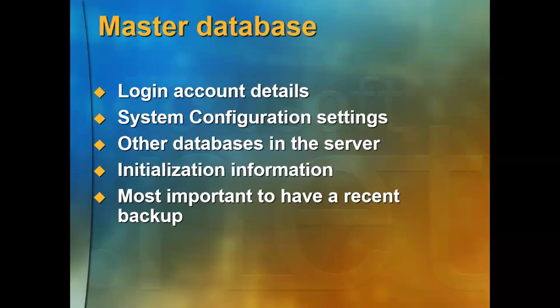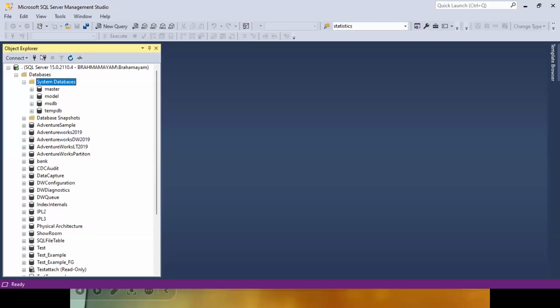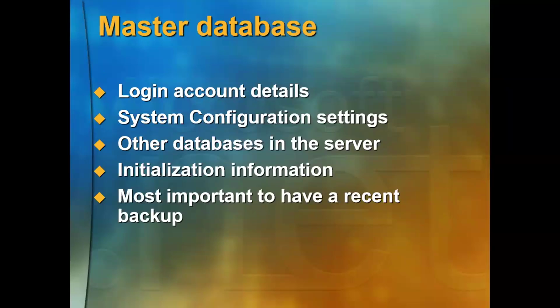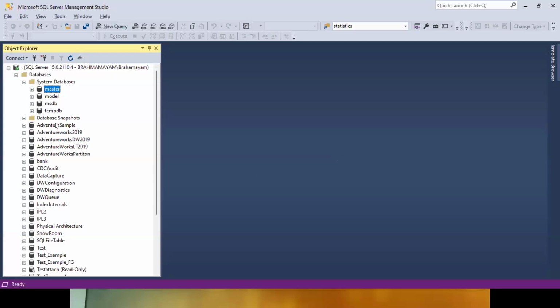The first system database that you see is the master database. The master database is used to store the login account details and the SQL Server system configuration, like who are the users who can access, and whether the server will run on one processor or multiple processors. Then the other databases in the server, the user databases, that information will be present in your master DB.